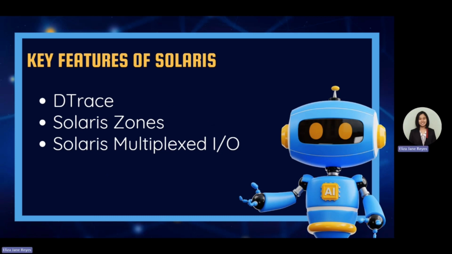These are lightweight virtualization containers that allow you to run multiple isolated environments on a single system. Next, we have the Solaris Multiplexed Input-Output. This improves input and output by allowing multiple processes to share a single network connection.